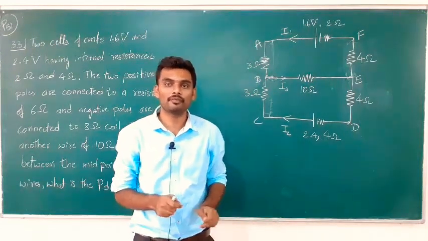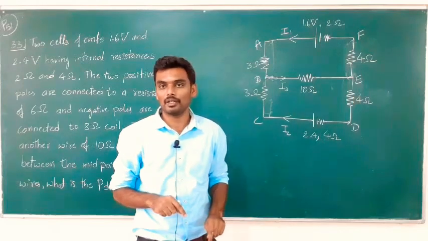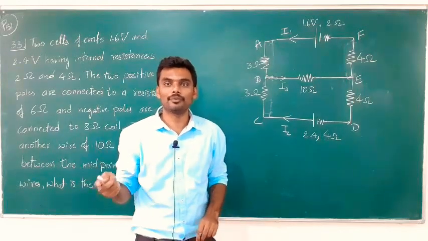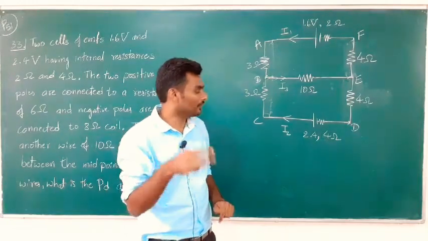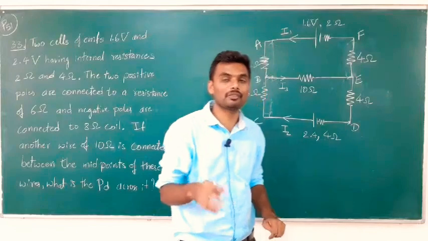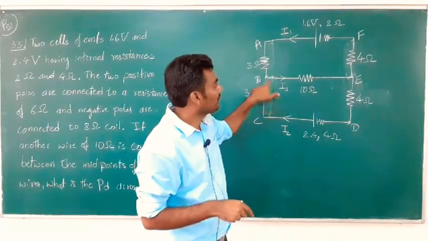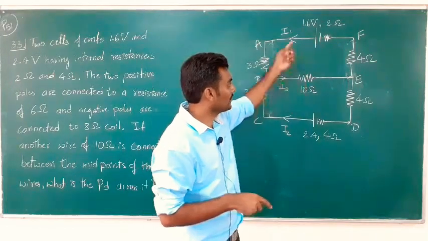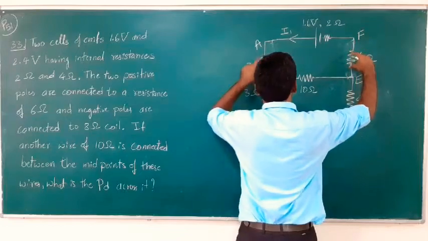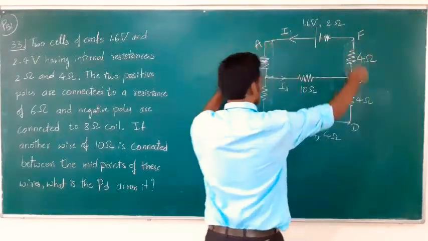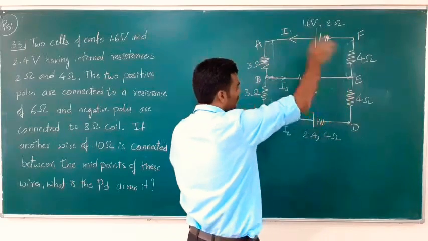But the problem is, getting I has only one method, okay, because in the last two problems both approaches could be applied, but for this particular problem we cannot apply combination of cells because we have resistors connected here in between the cells in this way, which will make the circuit complex.